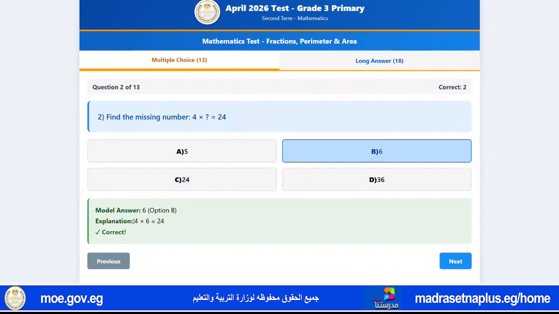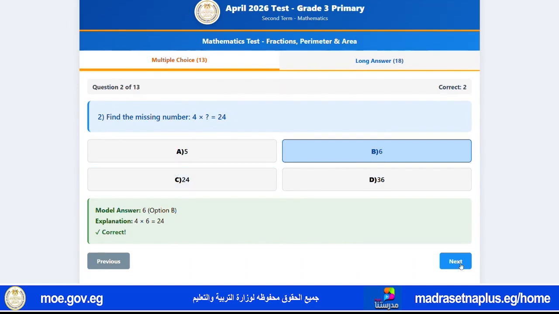When I ask you to make a family of these numbers, 4, 6, and 24, you can say 4 times 6 equals 24, 6 times 4 equals 24, and use division too: 24 divided by 4 equals 6, 24 divided by 6 equals 4. This is the family of facts about 4, 6, and 24.